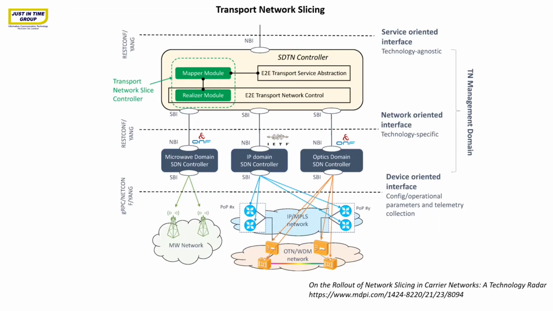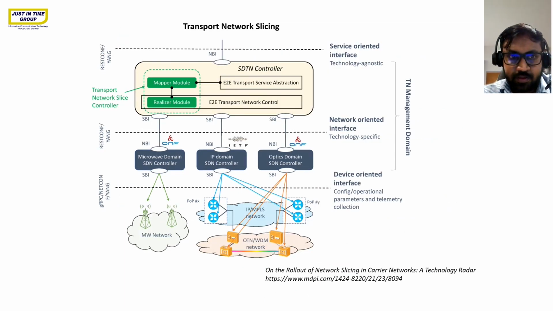So this is the hierarchy of how things would look. This is a logical representation. For a microwave domain, you can have an SDN controller to control the traffic and to do traffic control and steering and all this stuff. Predominantly in the IP domain, you can have some sort of path computation element working as an SR-PCE, or some sort of PCE to do IP and optical path computation and traffic engineering.